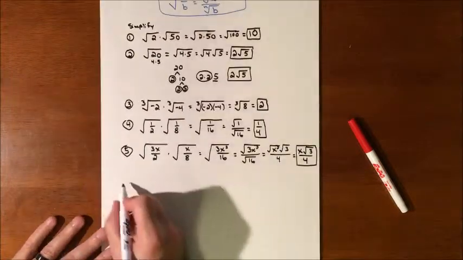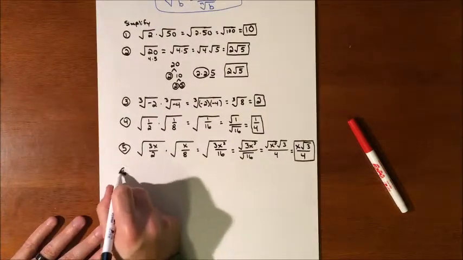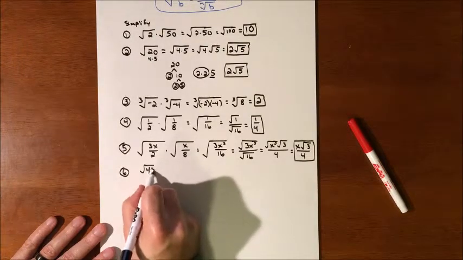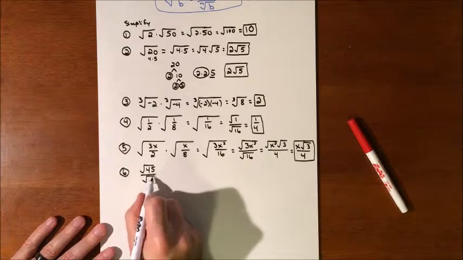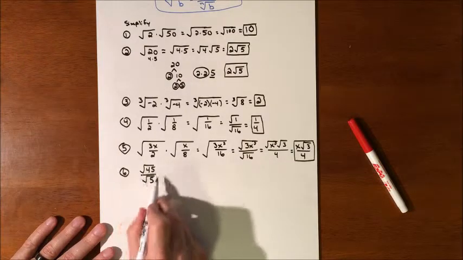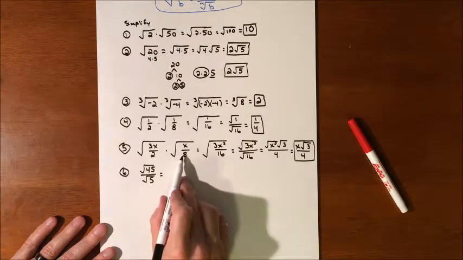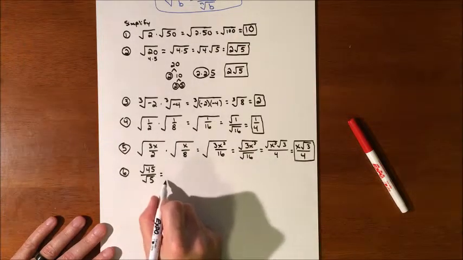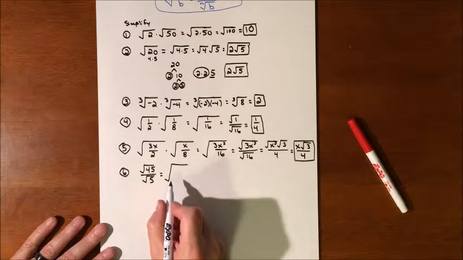Alright, let's do a couple more. So if you have the square root of 45 over the square root of 5, neither of them are perfect squares, but just like we can break apart a fraction, we can combine the fraction. As long as the roots match, we can just make it as one big problem.